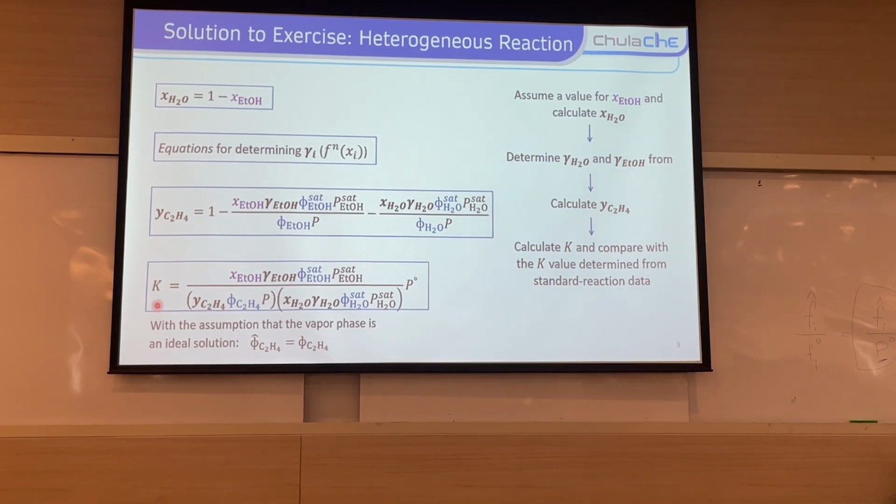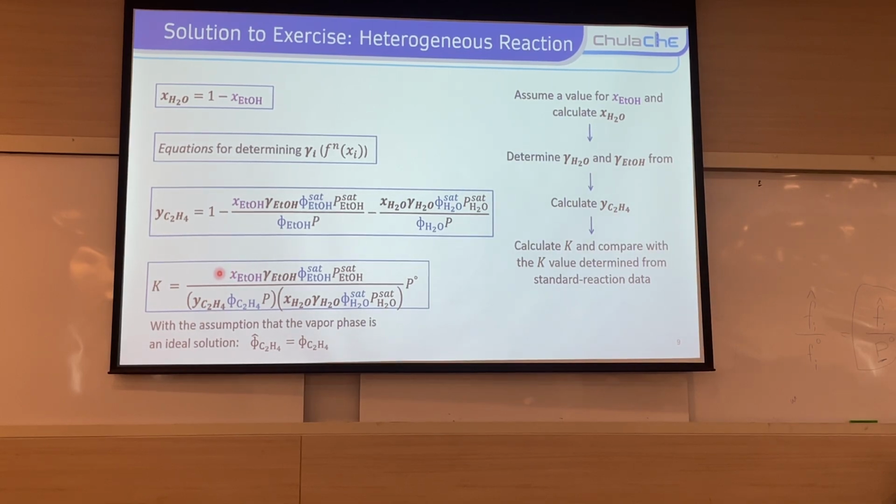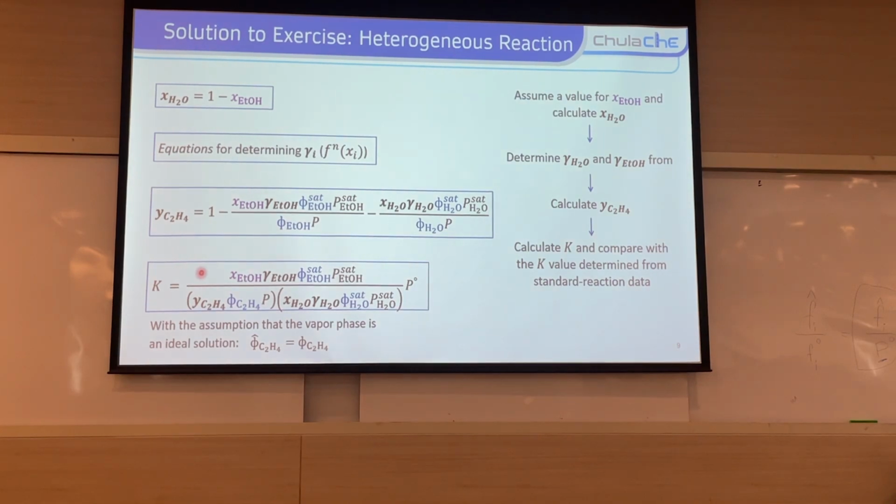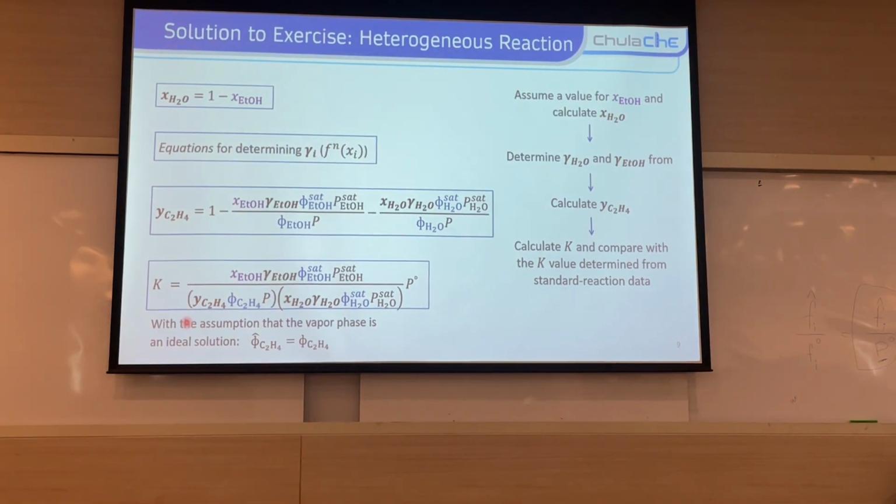The equilibrium constant K you know already from the temperature that is fixed for this reaction. So just use the iterative procedure to recalculate until the guessed value of the mole fraction of ethanol makes this equation satisfied.